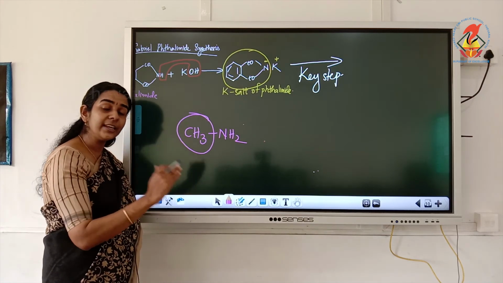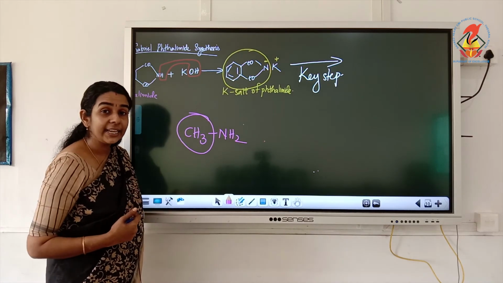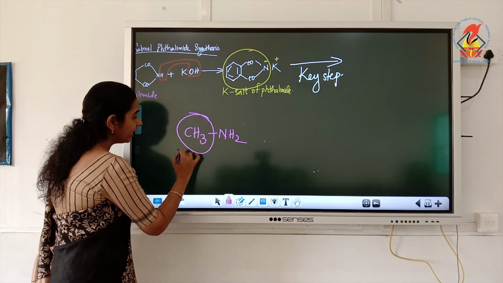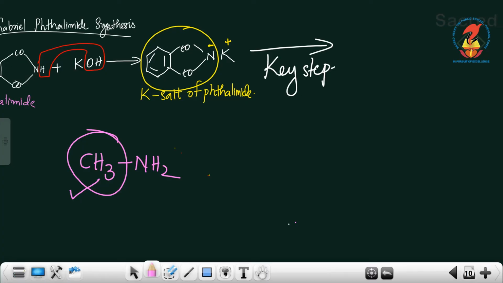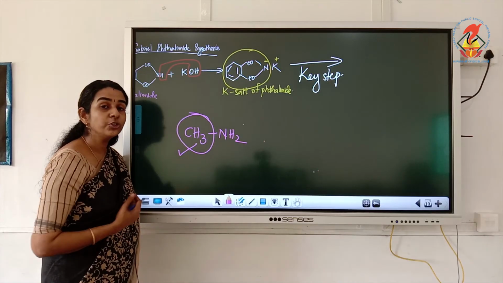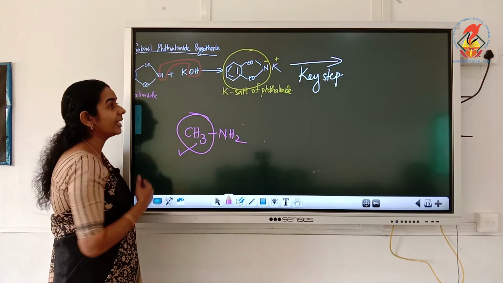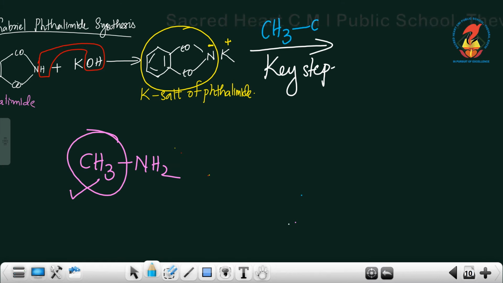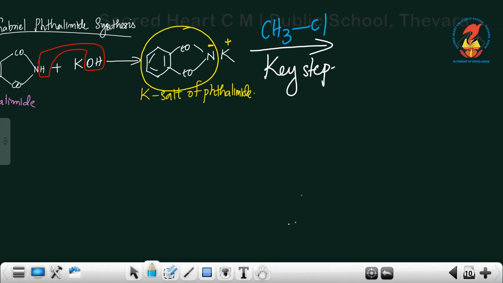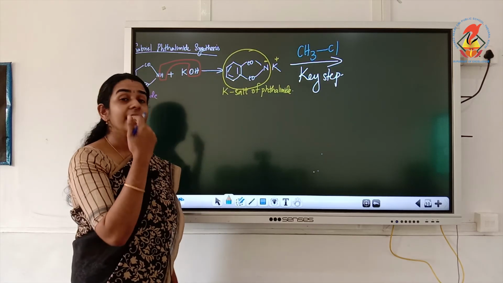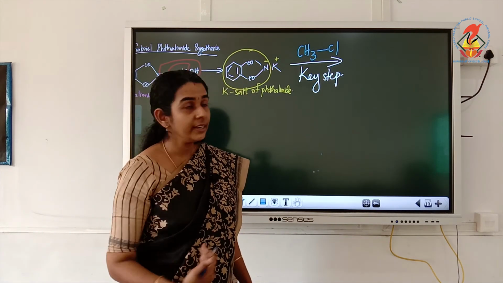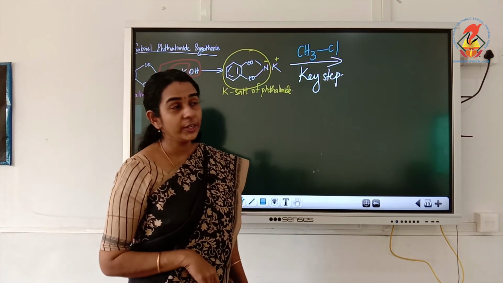So the corresponding halide should be taken in the key step. So which halogen compound should we take in the key step? It is CH3Cl or CH3X. The alkyl group present in the required amine, the same halogen compound we have to take in the key step.